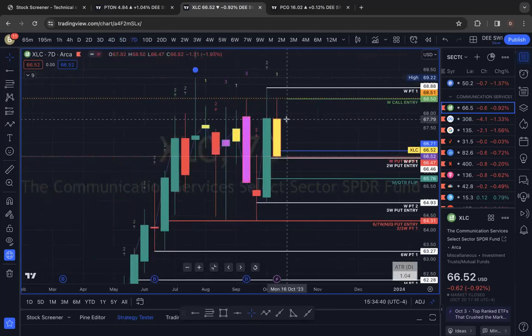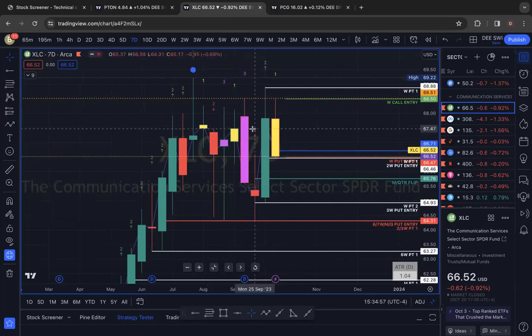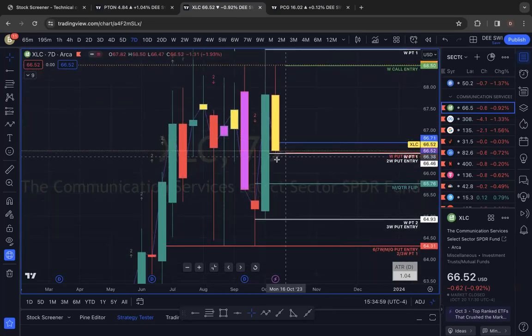And when does the 7 day open? Why does it say the 16th? Okay, so the 7 day opens on Monday. I don't know why it's saying the 16th right here, but the 7 day actually opens on this coming Monday. So that is another actionable signal for the 7 day, a 212, which shares the same entry as our weekly PT1 and our 2 week put entry.